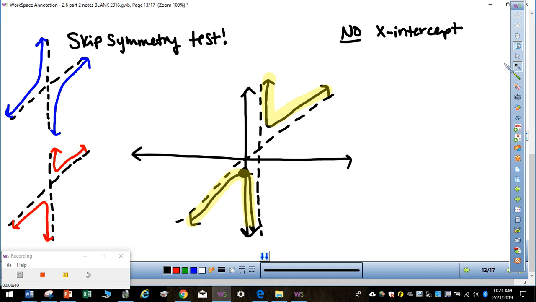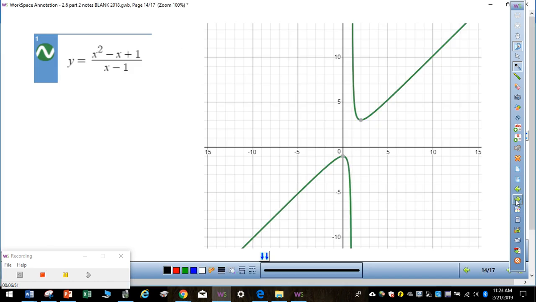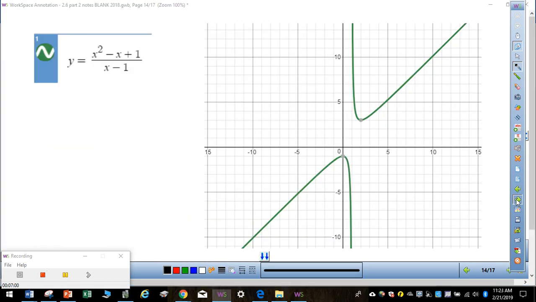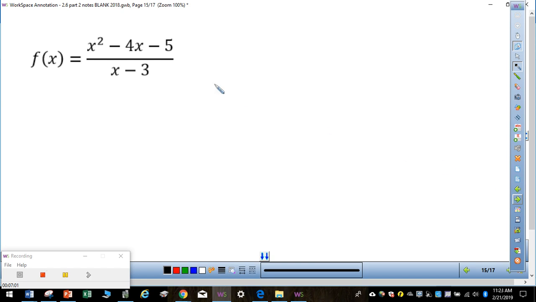And also it would make sense that it's not going to be on the outside because that would make x-intercepts, but this graph doesn't have any x-intercepts. And this is what that would look like, plugging it into Desmos, looking very similar to the graph that we did by hand.